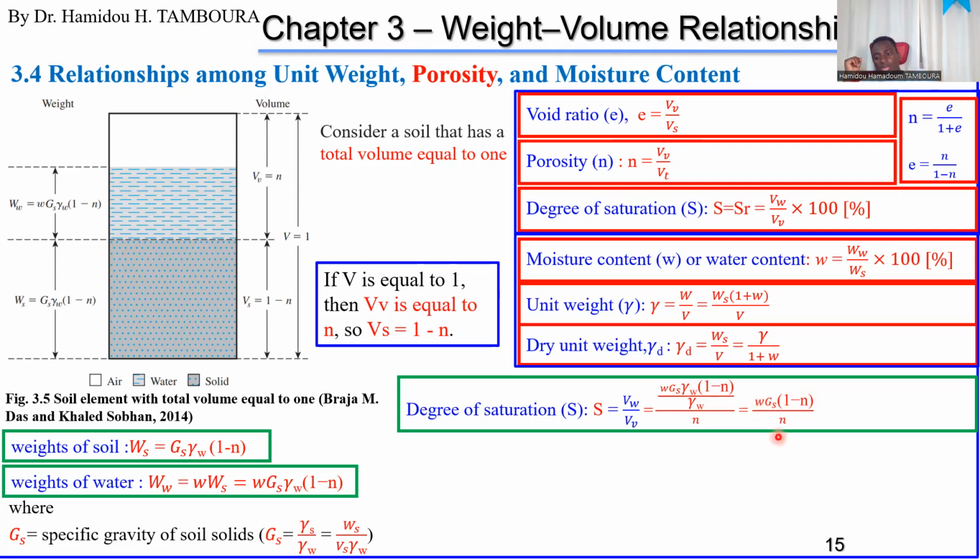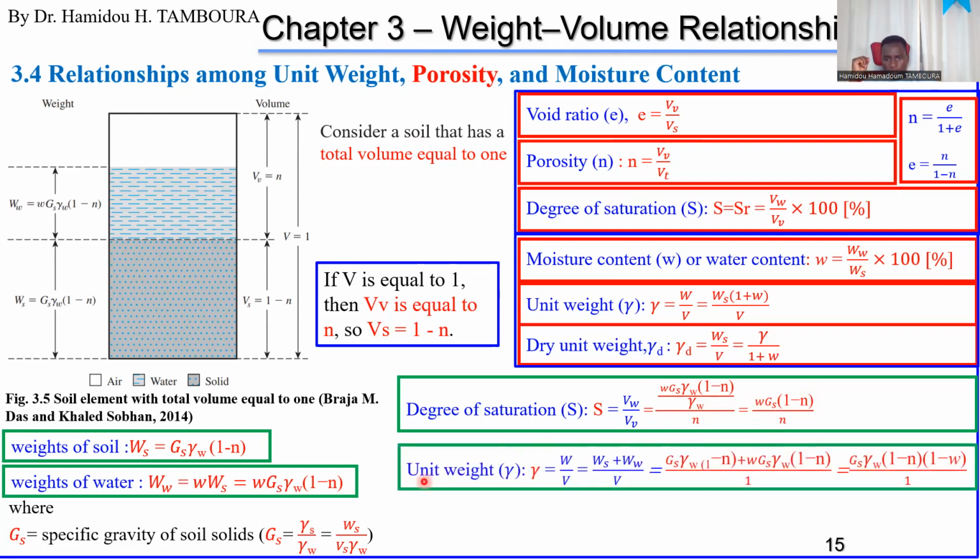Okay. Next, the unit weight, which is the total weight divided by the total volume. Total weight will be, wow, it will be too much. This is the weight of solid, I'm always mistaken saying solid. It's solid, okay? Weight of solid plus weight of water.